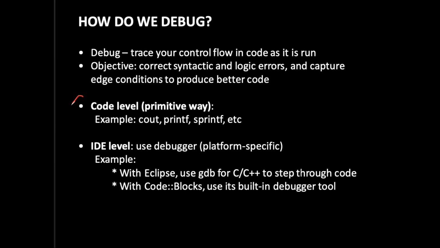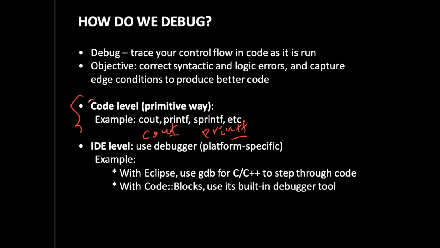The first one is the code level debugging. And of course, as you see, there's a lot of cout, printf, that developers would do. And this actually makes your code a lot more bloated than is necessary, with lots of cout and these manual printfs strewn all over the places in your code, making it look not very professional.